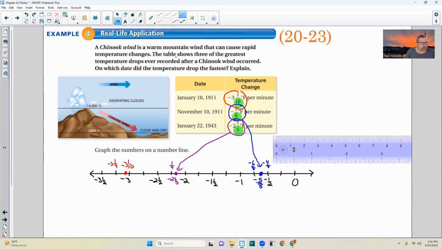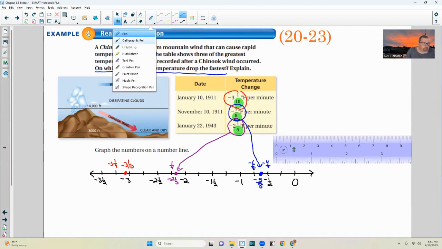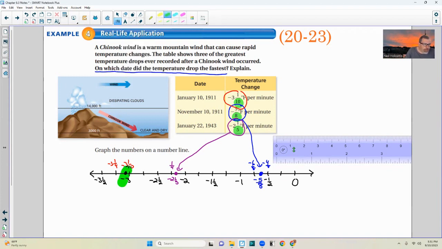And the question says, on which date did the temperature drop the fastest? So the faster it drops is a larger negative number. So let me get to my highlighter. And therefore, this is the largest negative number. So it's -3 1/10.